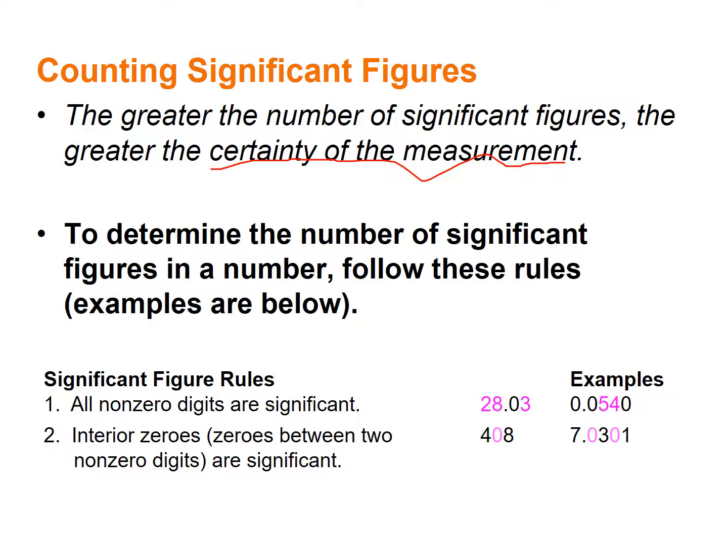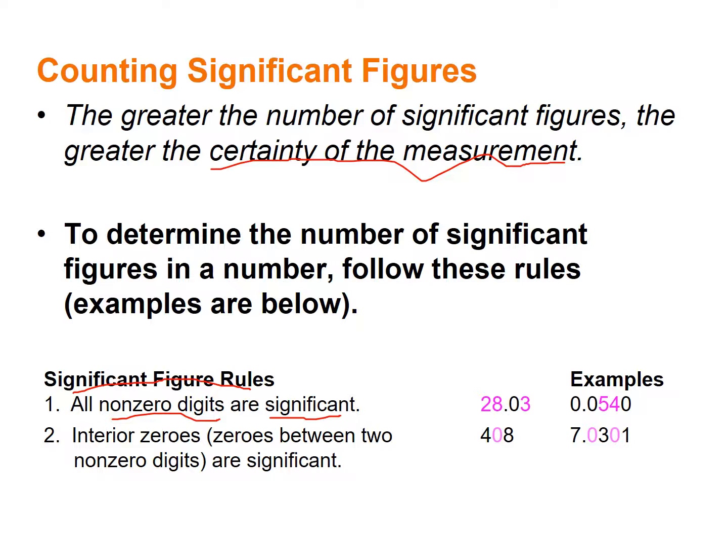So here's what we use to determine significant figures in numbers that are written out. Here are my significant figure rules. First, all non-zero digits are significant. If it's an experimentally determined number and you do some sort of math, you shouldn't write down numbers that are not significant.